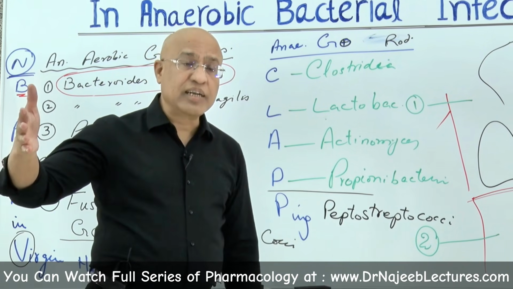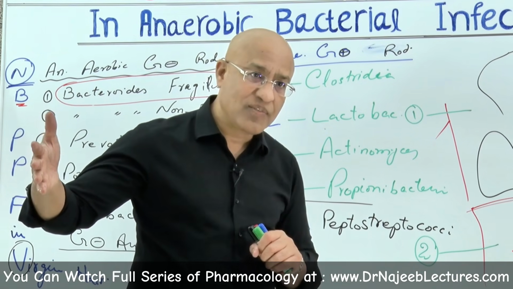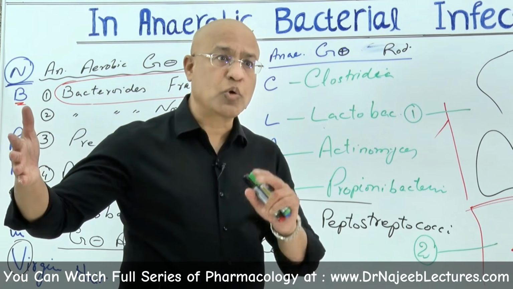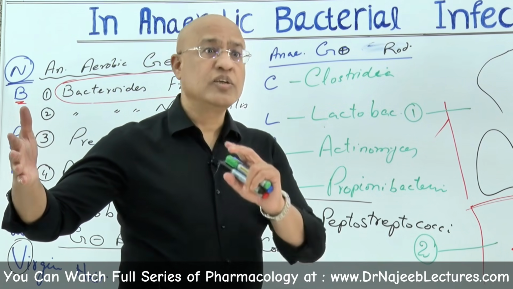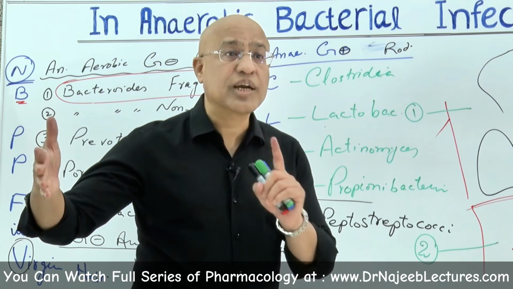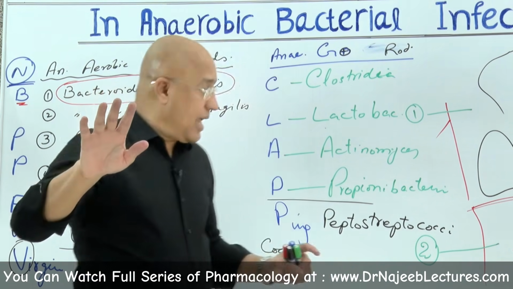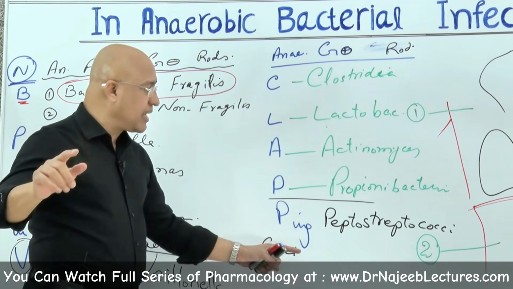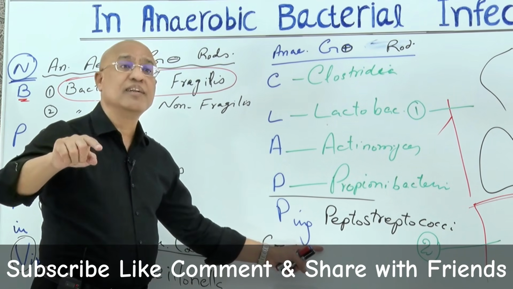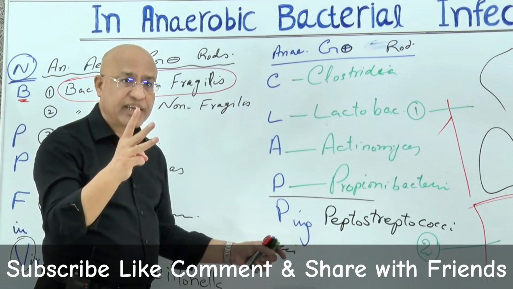Facultative anaerobic streptococci like Streptococcus pyogenes, Streptococcus viridans, Streptococcus pneumoniae are not strict anaerobes. They are facultative anaerobes, right? And there is another category, microaerophilic streptococci. So please don't confuse, these are three different categories.